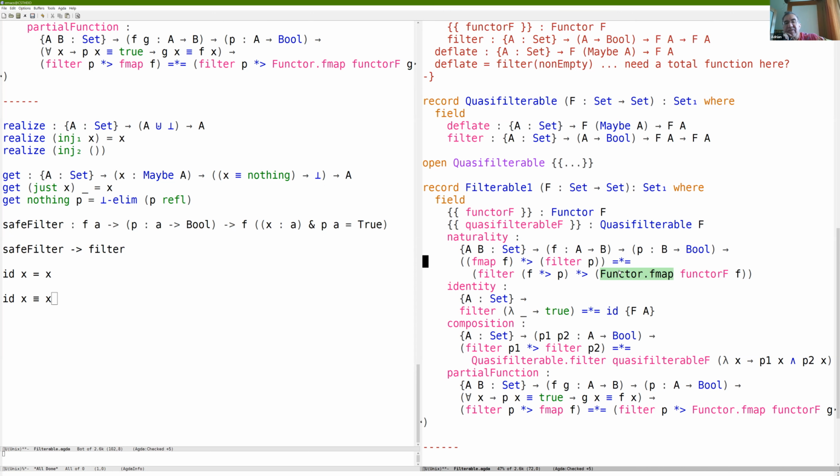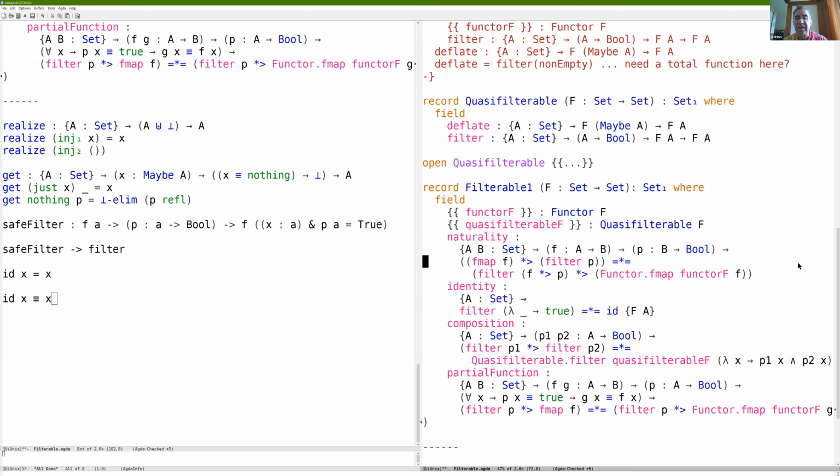Right. So that's why I was trying to think about the law not in terms of foldable, but in terms of equalities.